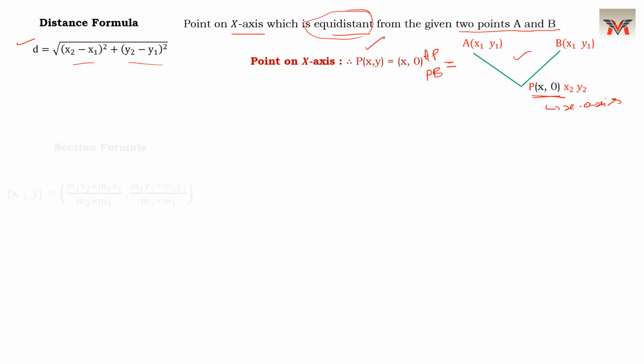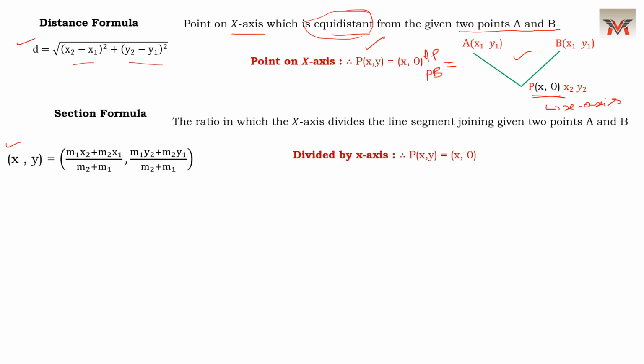So next, what we learned, as I told you, point on x-axis we can consider P as x comma y. Okay. What is next? Next is section formula. Again, the section formula we have come across many times, but what application have we seen in today's class? It is the ratio in which the x-axis divides the line segment joining two given points.